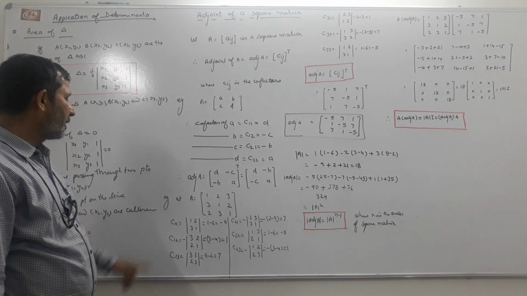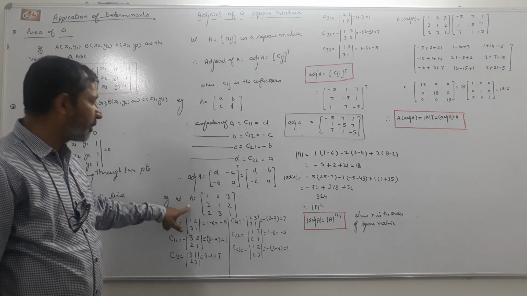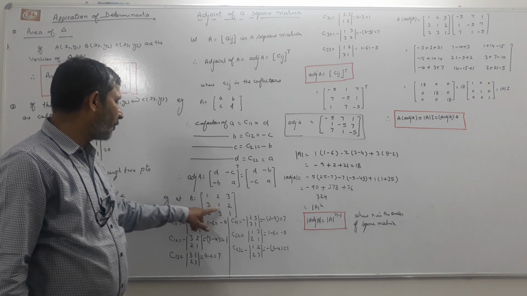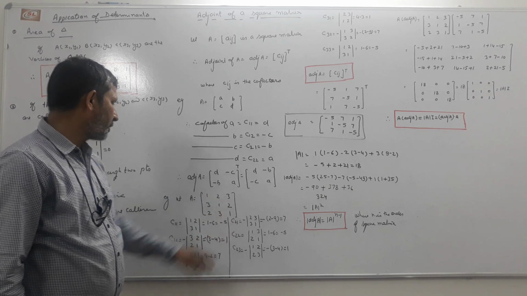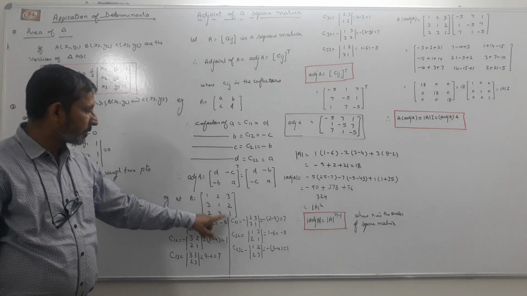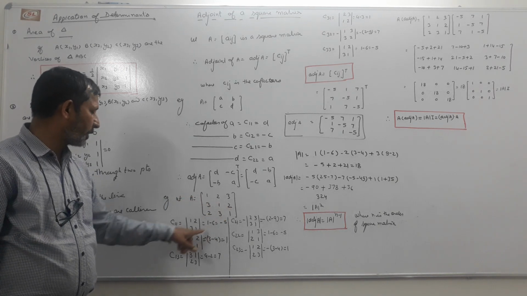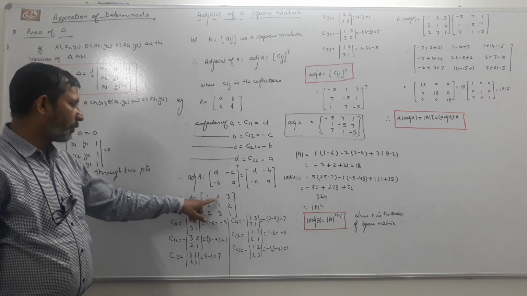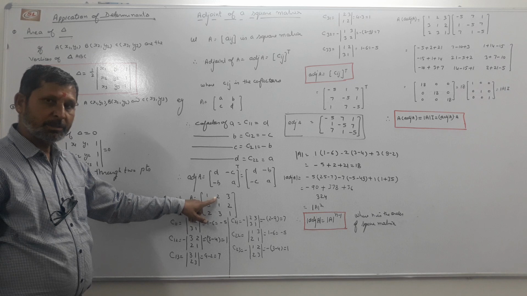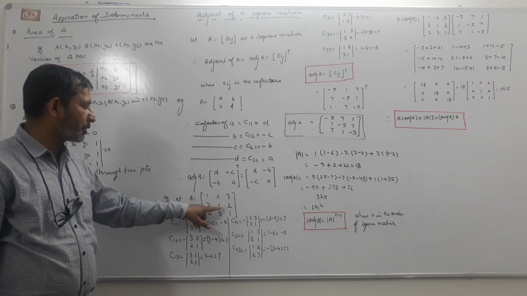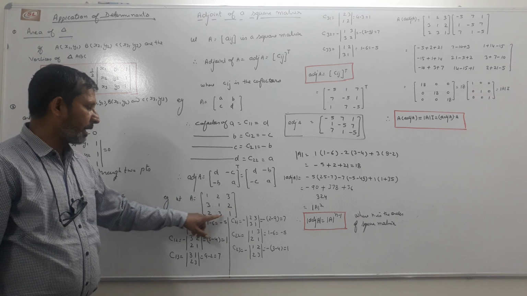Similarly, one more example. Let me suppose that A is a square matrix of order 3 by 3: 1 2 3, 3 1 2, 2 3 1. Then we find the cofactor of each element. Cofactor of 1 is the determinant of 1 2, 3 1, which is 1 minus 6, equals minus 5. The order of signs is positive, negative, positive, and so on alternately.